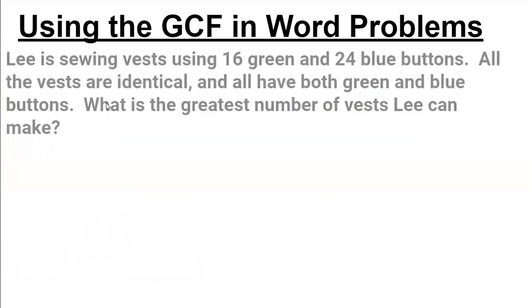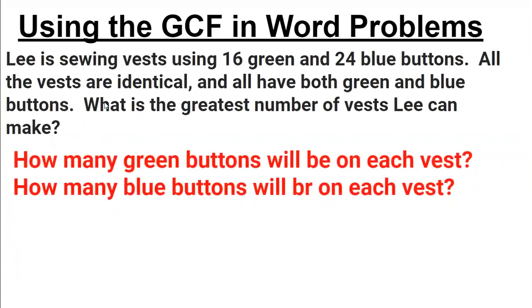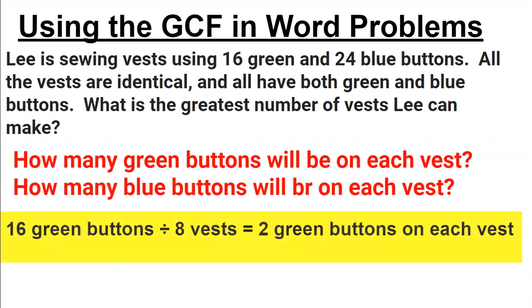Okay, same word problem, same question. How many green buttons will be on each vest? And how many blue buttons will be on each vest? So what do we do? Right, we divide 16 by the number of vests that can be made, and that was 8, right? So we divide 16 green buttons by 8 vests, and we get 2 green buttons on each vest.